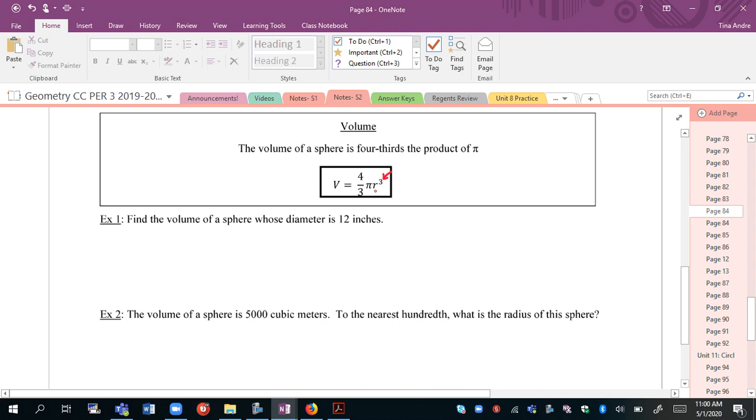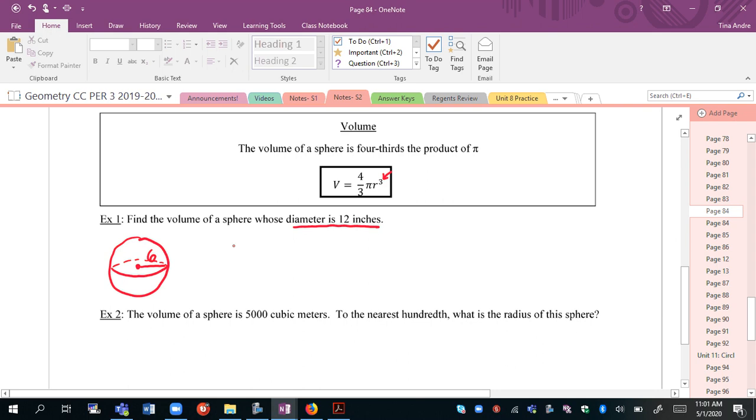So let's go ahead and use that formula. Find the volume of a sphere whose diameter is 12 inches. If I want to draw this picture, just to make it look three-dimensional, we put this oval shape in there. It says that the diameter is 12 inches. Be careful, that really means the radius is half of that, so the radius is 6.